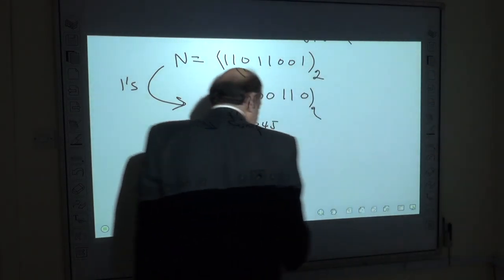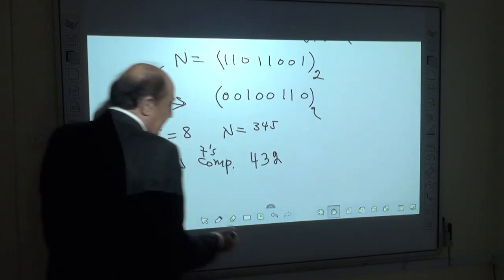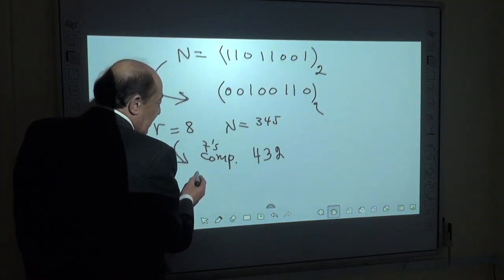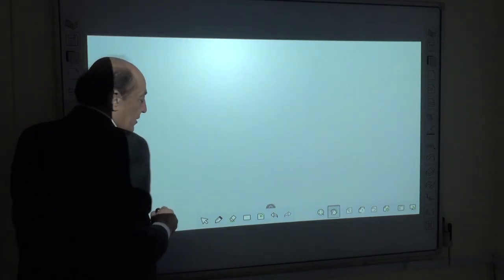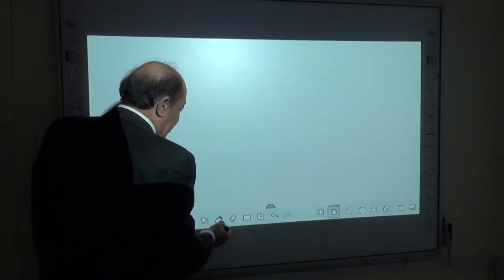Next, examples of how to find 2's complement or r's complement.